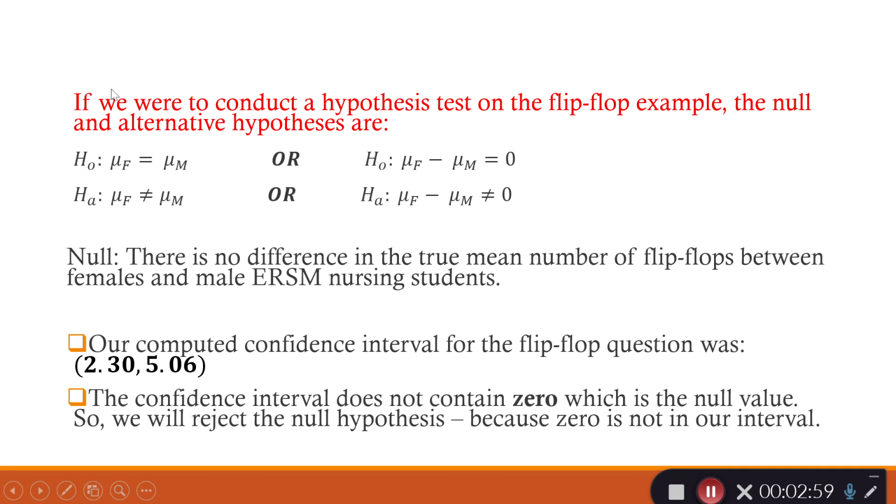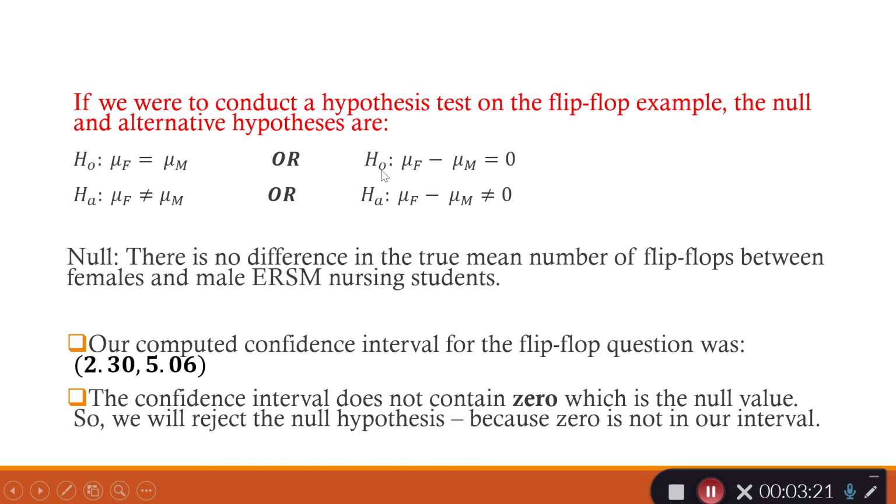So in the previous example, we talked about a flip-flop example with males and females, the number of flip-flops that they have. So if we were to conduct a hypothesis test on the flip-flop example, an alternative hypothesis would be that the females and the males don't have an equal number of flip-flops.